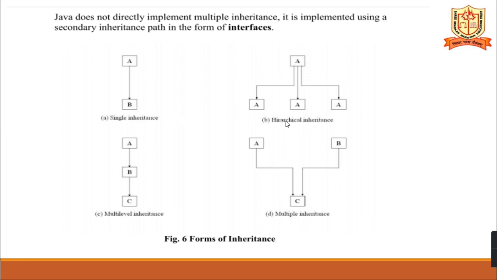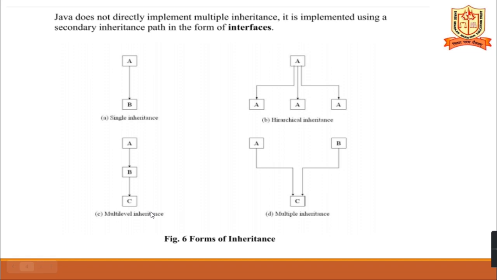Second is hierarchical inheritance. In hierarchical inheritance, subclasses are more than one, but the parent class is only one. And then multi-level inheritance.